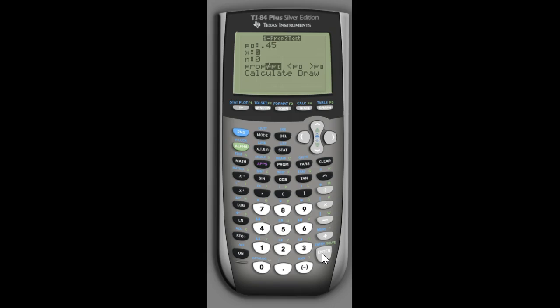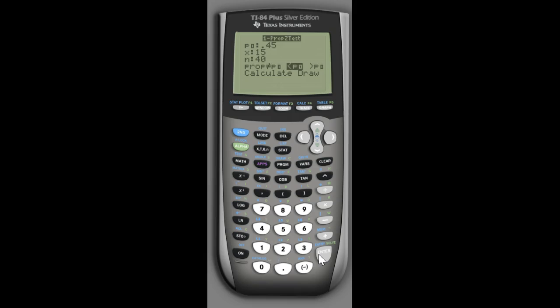That's what I'm testing against. I took a sample of 40 people and found that 15 were happy with it. My alternate hypothesis is a less than statement, so I highlight that, indicating that I have a left-tailed test.